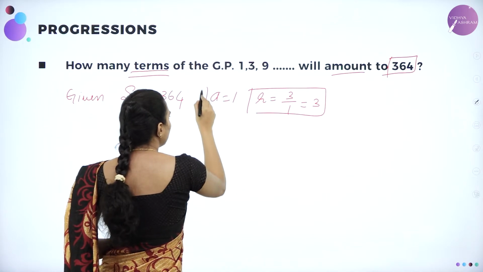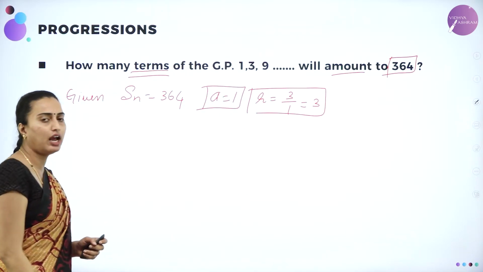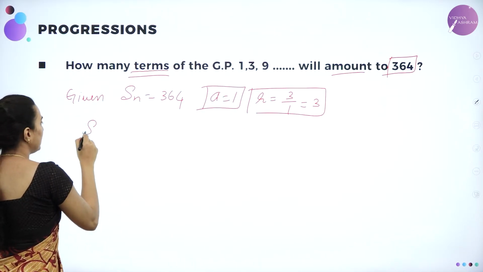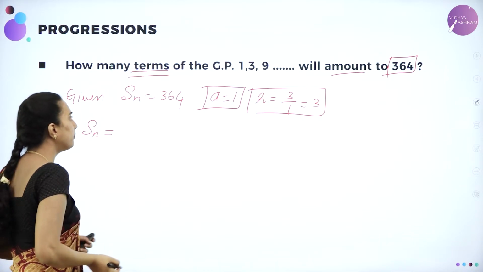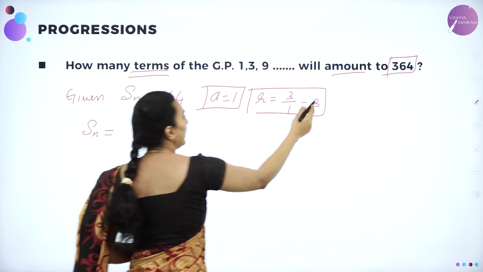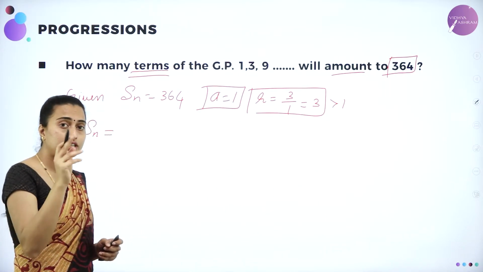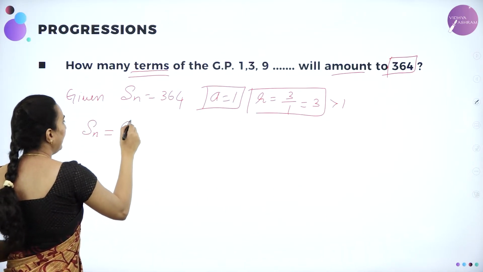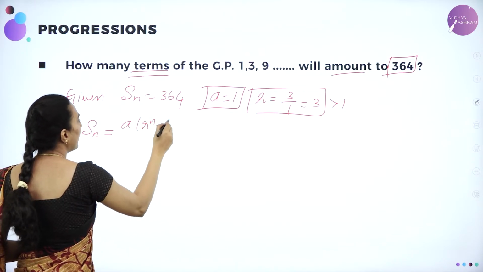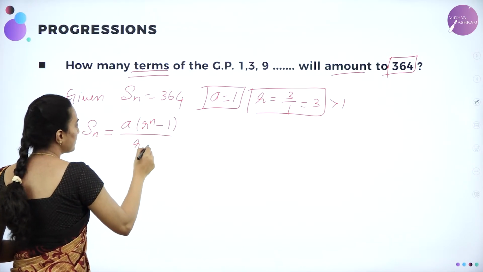Now by using the formula of Sn, it is given by the formula. Now 3 is greater than 1, isn't it? It is greater than 1. So therefore we need to use Sn = a(r^n - 1)/(r - 1).